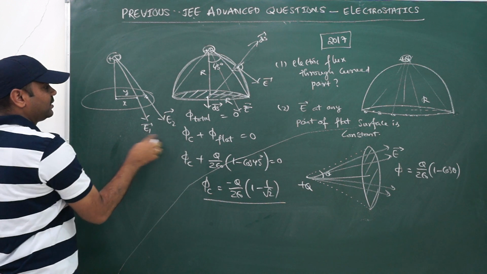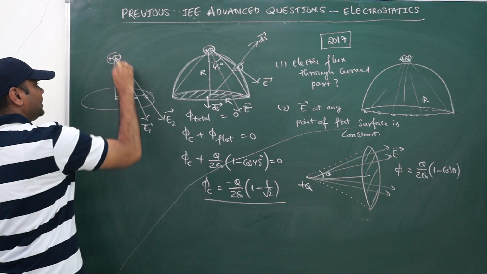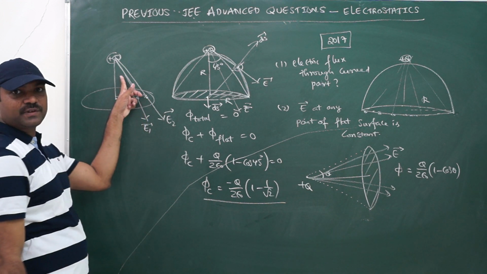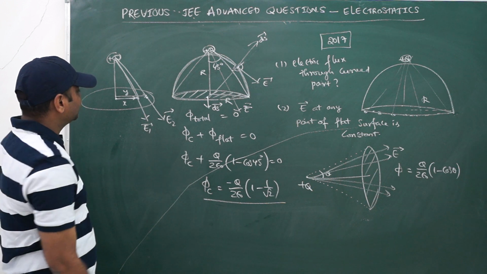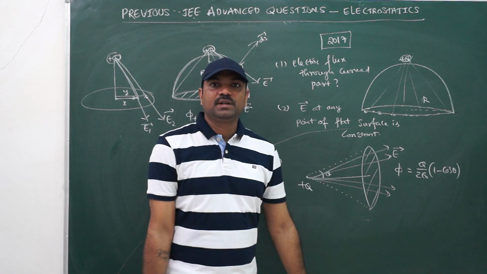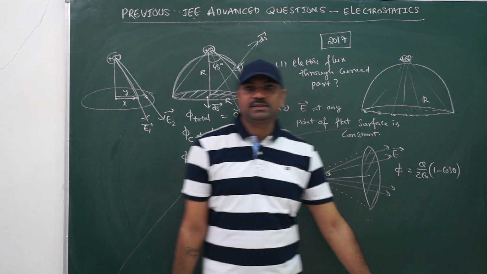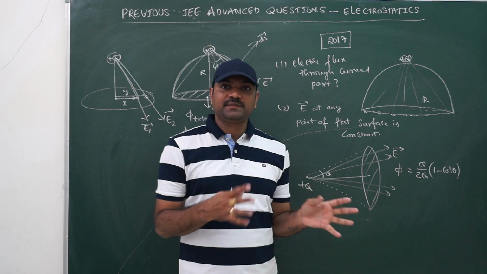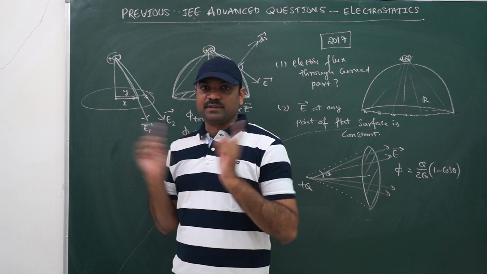These two fields are not the same, because one distance is root of x square plus r square, the other is root of y square plus r square. So they are not the same, and the directions are also different. That's why the field along the flat surface is not constant. The field is variable if you take different points on the flat surface.